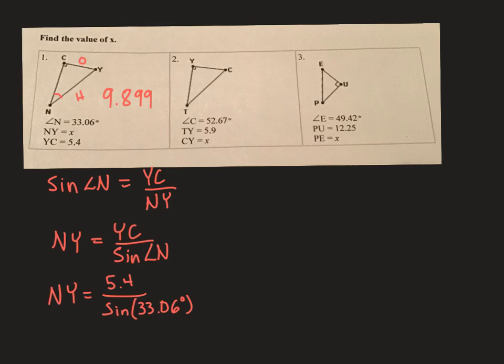Now we're going to do the same thing for number 2. We are given the angle C. We know the length of the side opposite to it and its hypotenuse. So I'm going to find sine of the angle C is equal to ty over cy.